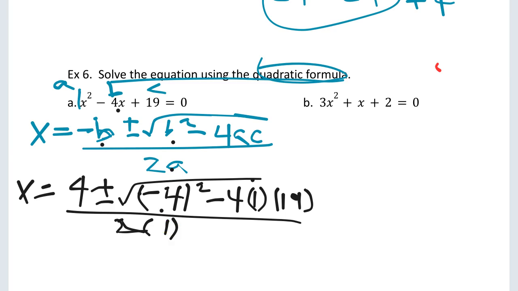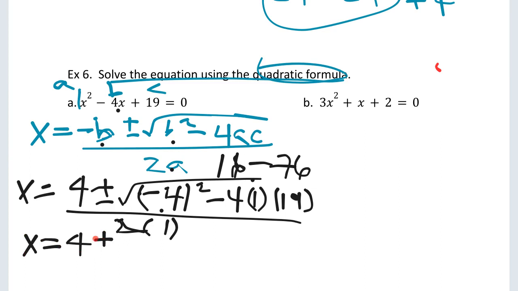Simplify. Negative 4 squared is 16, and 4 times 19 is 76. 16 minus 76 would be negative 60.